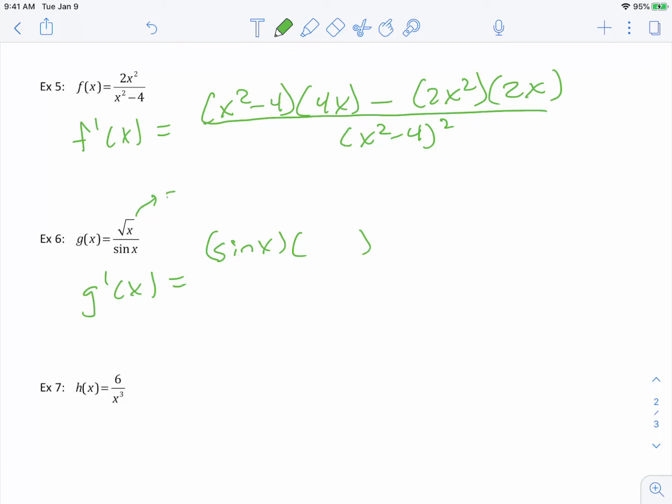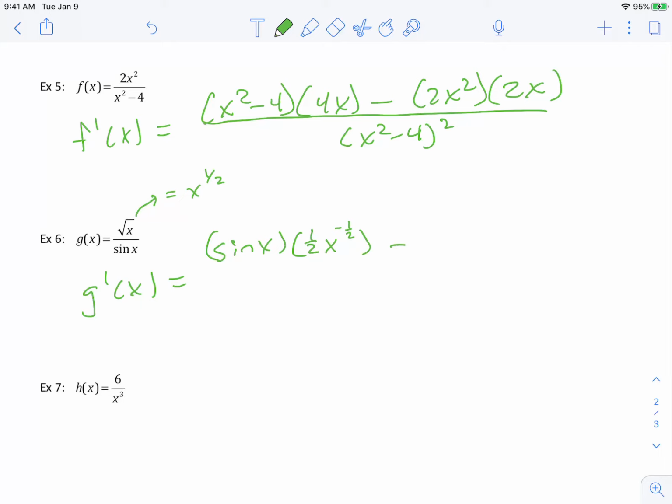Square root of x, that's really the same thing as x to the 1/2. It helps to sometimes rewrite radicals as exponents, because now you can do the power rule, right? This 1/2 comes out in front. You still got the x, and now you decrease by 1. So 1/2 minus 1 is going to be a negative 1/2 exponent.